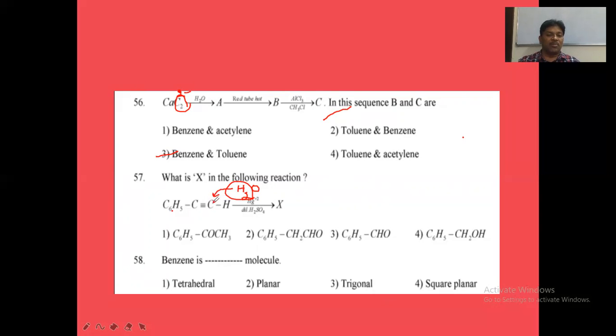So the CH becomes CH3 after adding 2 hydrogens. And this oxygen will be added to the unsaturated carbon with less hydrogens. So here it is 0 hydrogens, so to this carbon O will be added. A C double bond O is formed here. So what will be the compound now formed? C6H5 bond C double bond O bond CH3.